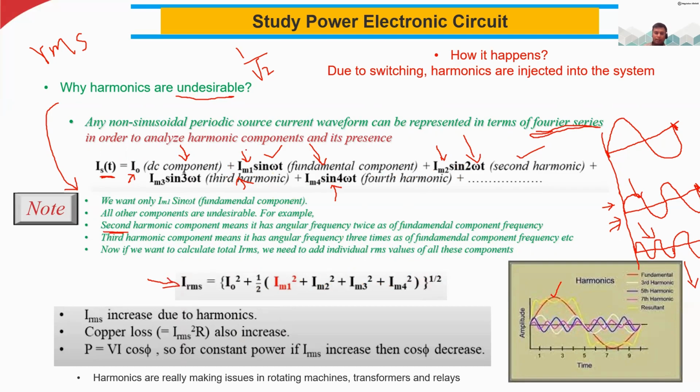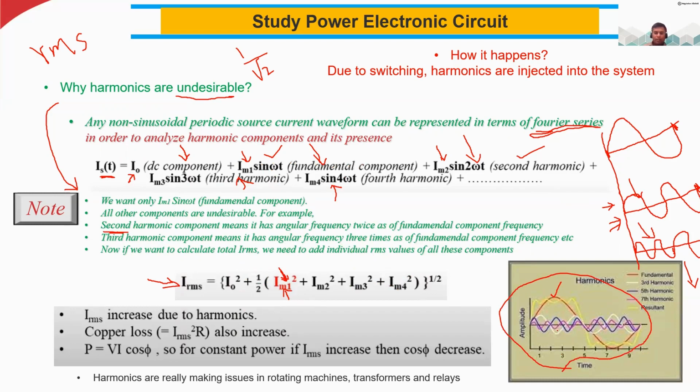We are just taking the constant of each component and squaring it. But this is the only current we want at the output. This constant belongs to the fundamental component. This red color, this is what we want. But at the output, we also have I0 and Im2, Im3, Im4. So we are adding everything together and we get the output like this.